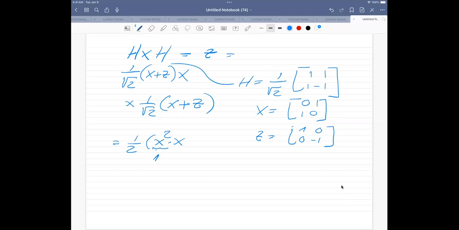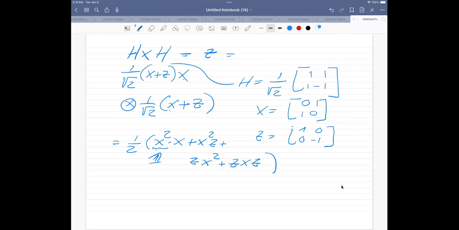Because I have X times X times X. Sorry, it's not an X, I just had to continue along the line there. And then you get an X squared times Z. Then you get plus Z times X squared, and then you get plus Z times X times Z.